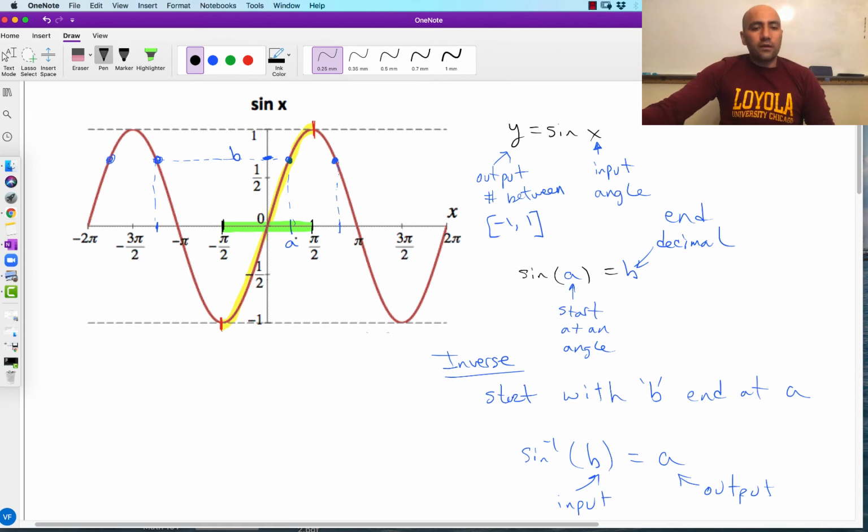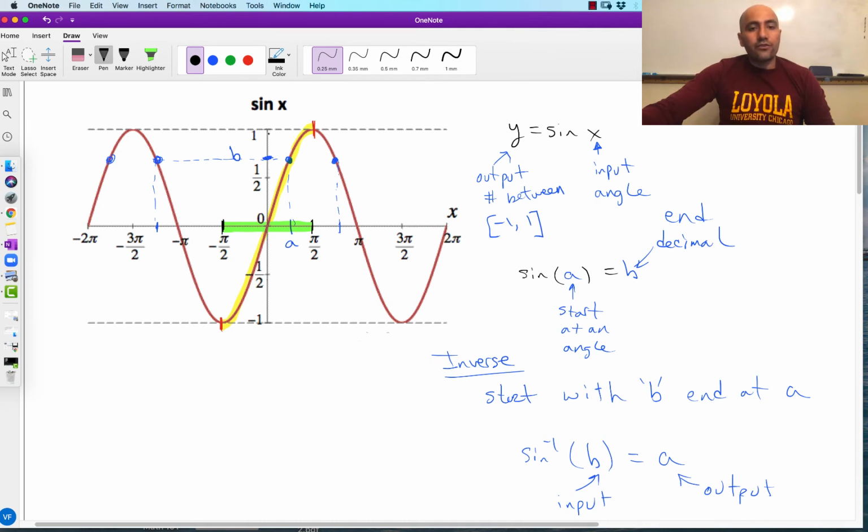So if we restrict ourselves to just this portion of the domain of our sine function, and likewise only this little portion of the graph highlighted in yellow, then in that little segment we can go forwards and backwards and have unique answers.